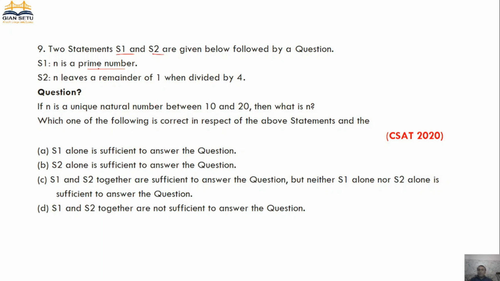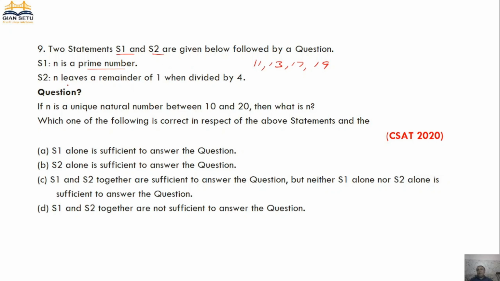First let's try to solve this question with statement 1 alone. Now according to statement 1, n is a prime number, but there are four prime numbers between 10 and 20 and these are 11, 13, 17 and 19. So statement 1 alone is not sufficient to answer the question.